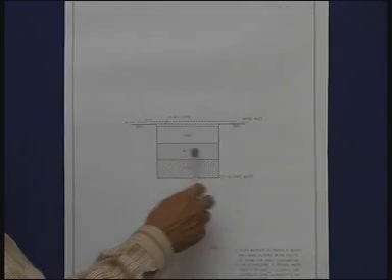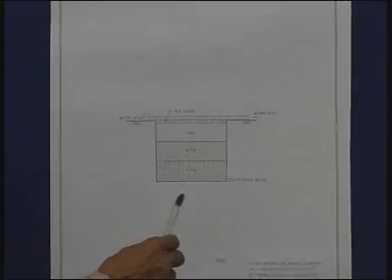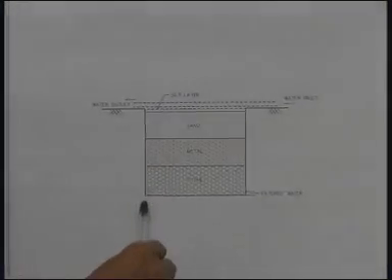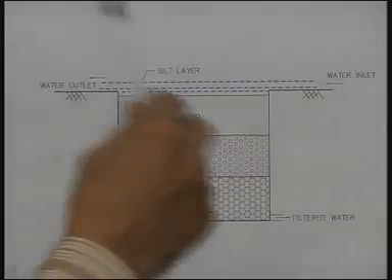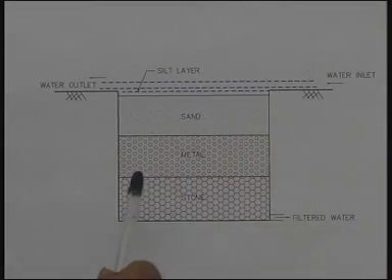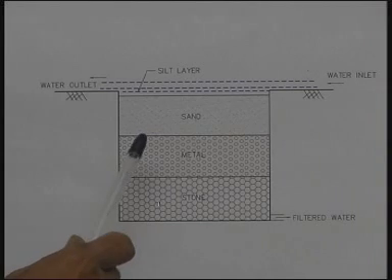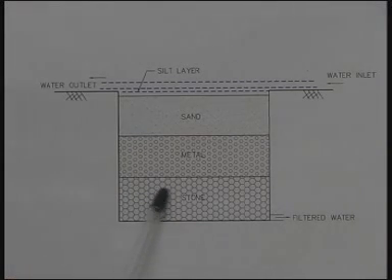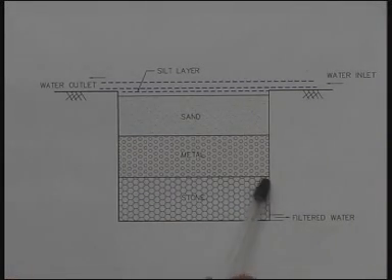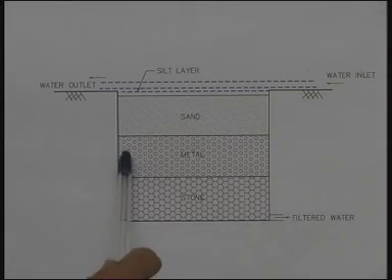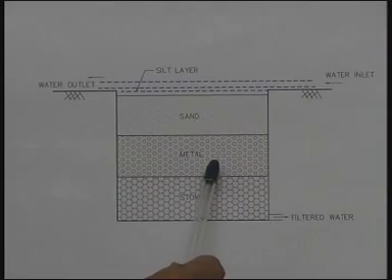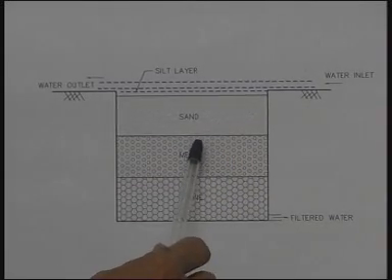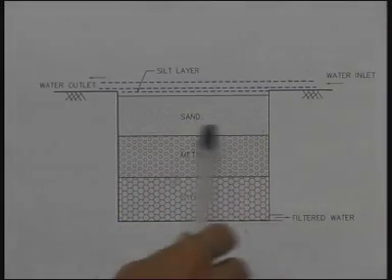A trench will be excavated within the house premises of a suitable size, suitable width and length, and such a trench would be filled with big stone at the bottom and small stone, what we call metal, at the top of the big stone, and finally a layer of sand.